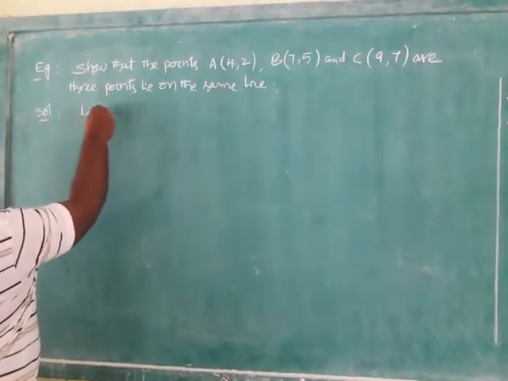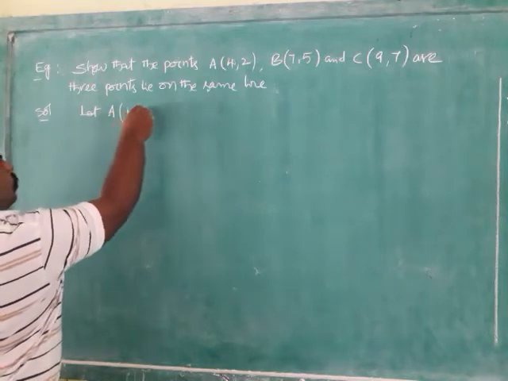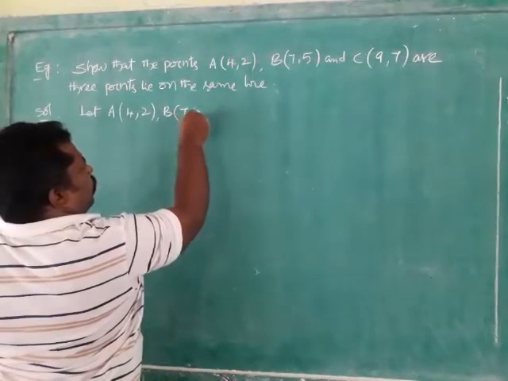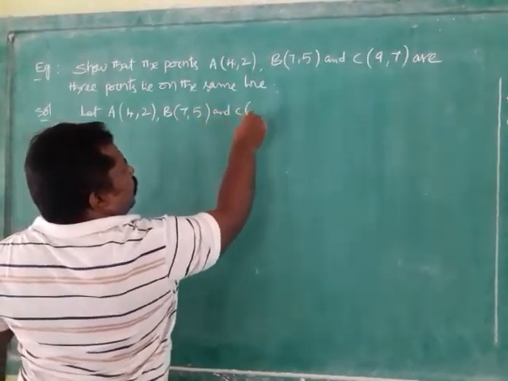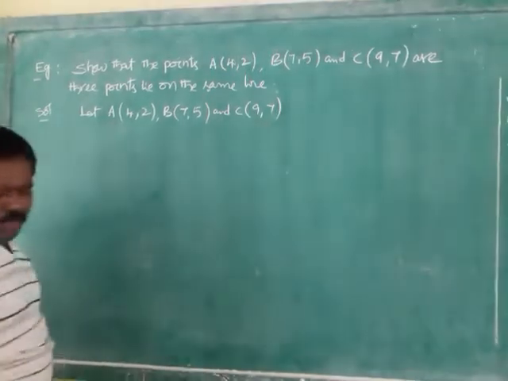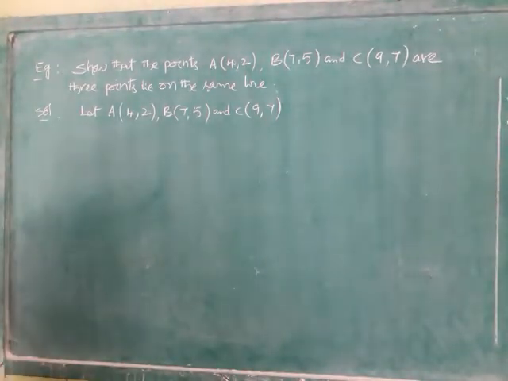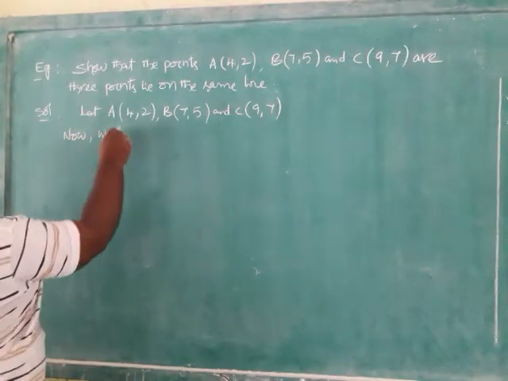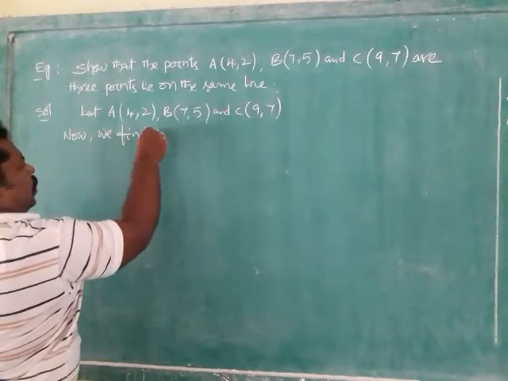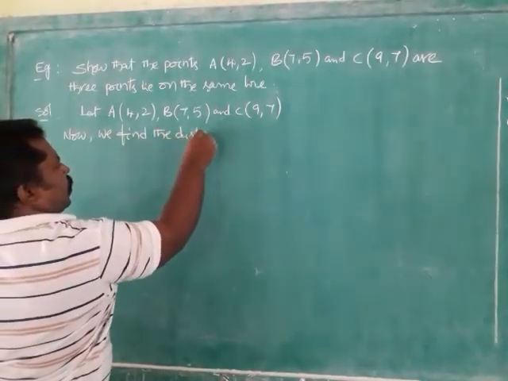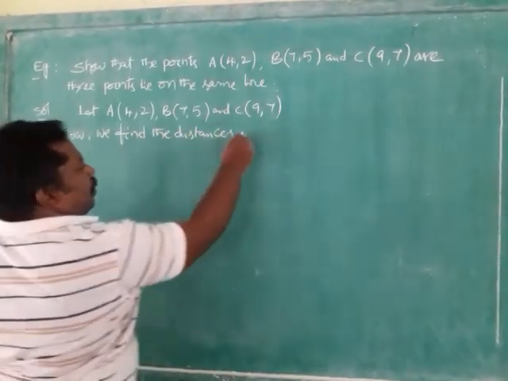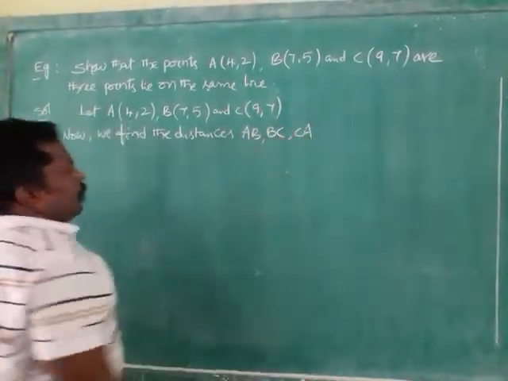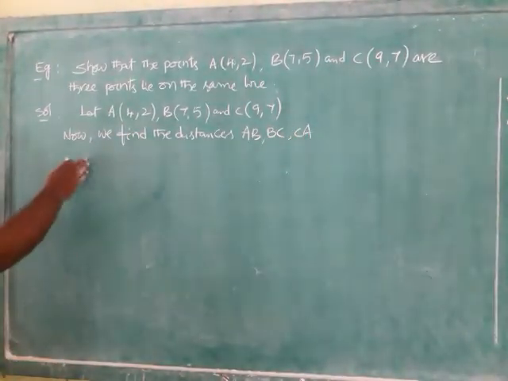Let A be (4, 2), B be (7, 5) and C be (9, 7). Now we find the distances AB, BC, CA.